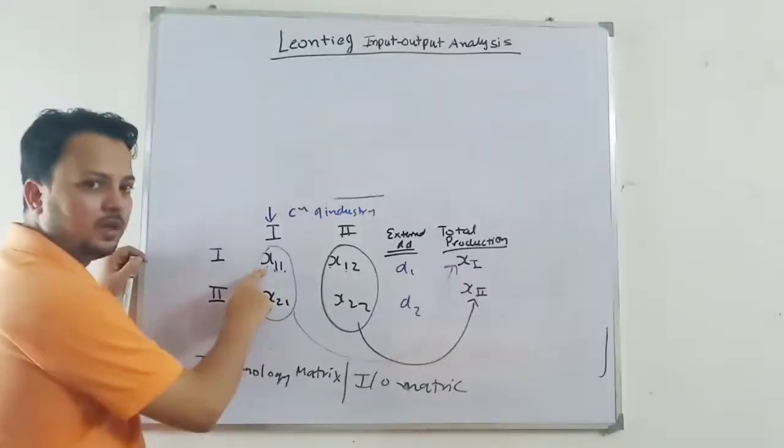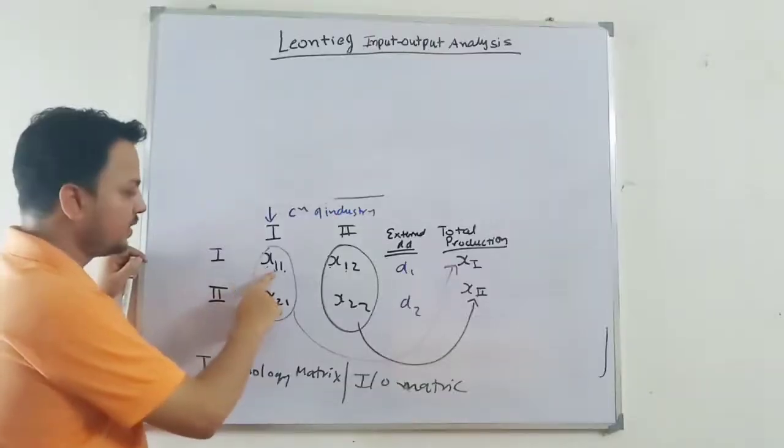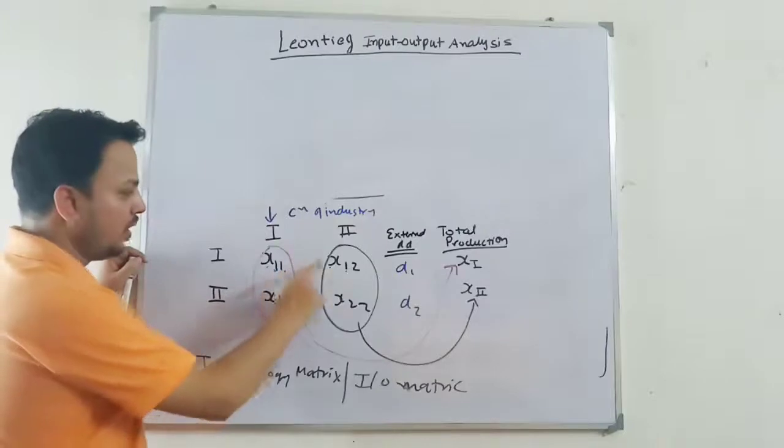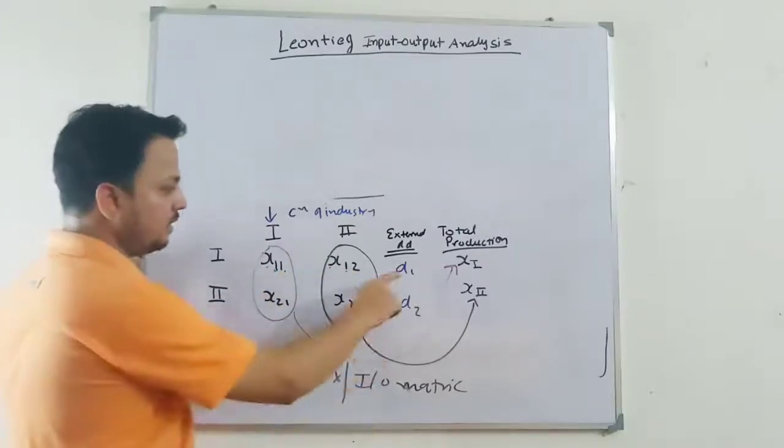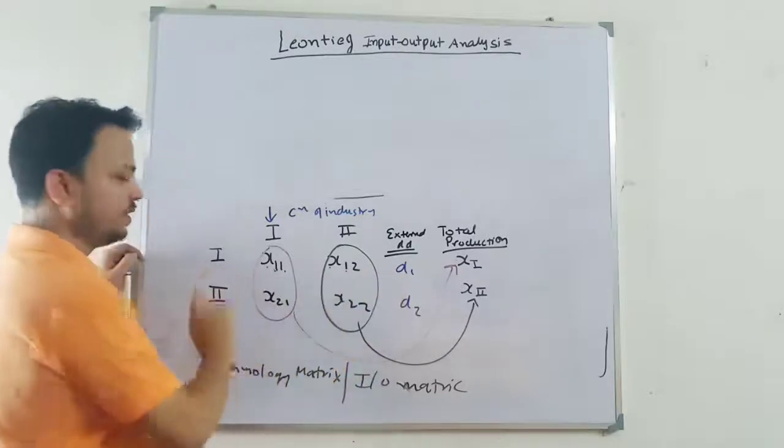What output of first industry is used by first industry, output of first industry used by second industry, and this is demand from first industry.